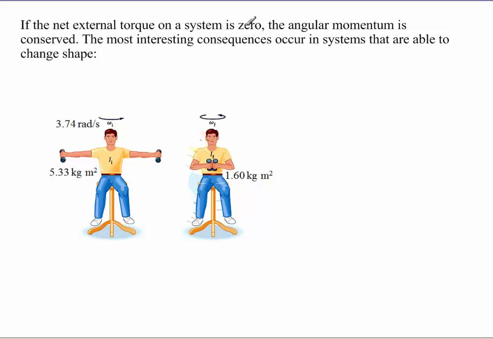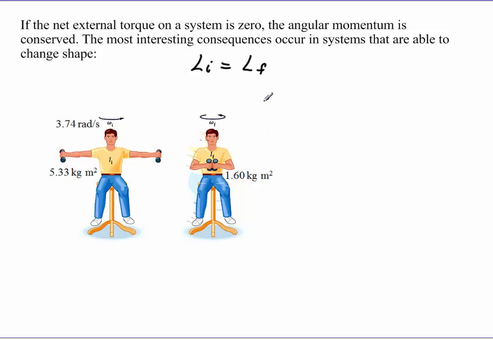Now, there's no torque involved here. So what's interesting is that L initial must be L final. This is what makes an ice skater, when they bring their arms in, spin really fast compared to arms out. All they're doing is changing their inertia.